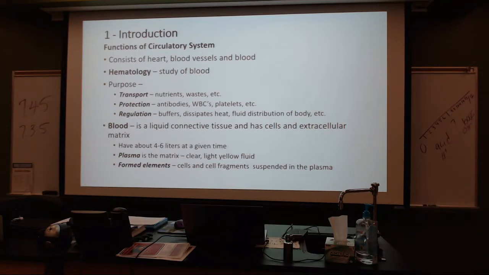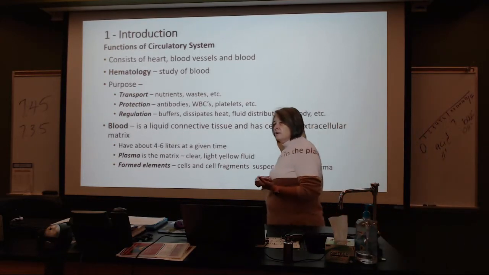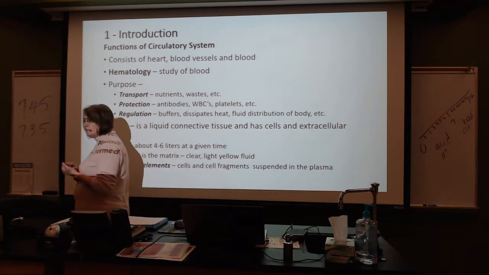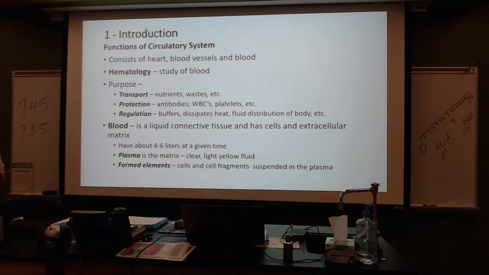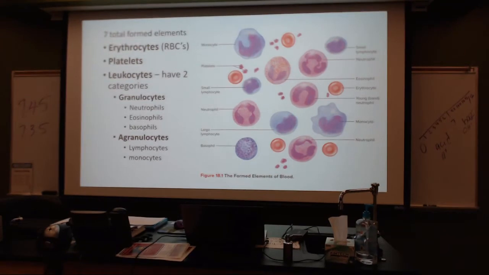Formed elements are going to be those cells, for example, the red blood cells, white blood cells, and cell fragments, i.e. a platelet, because a platelet is not a complete cell. It's a fragment. And those can be suspended in the plasma, in the matrix. And like I said, it can all be separated.